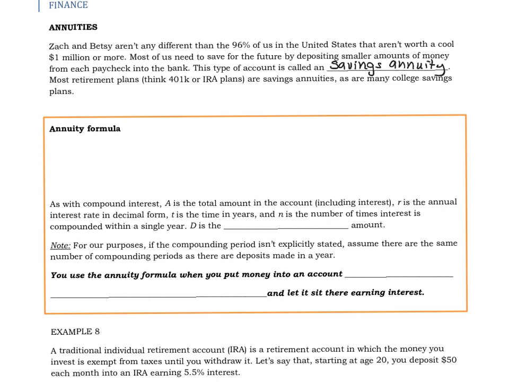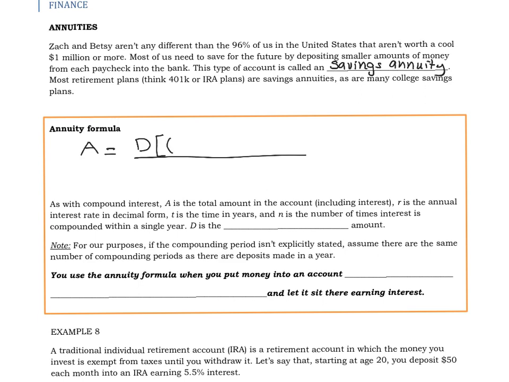So here's our formula. A, which is the total amount in the account including interest, is going to be equal to D, which will be our regular deposit amount, times, now notice the grouping symbols here.